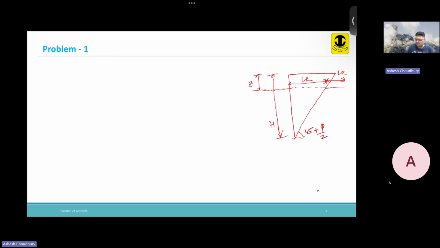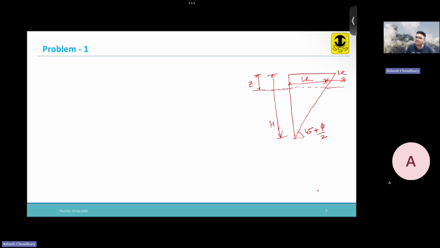So my total length of the reinforcement is LR plus my embedment length. LR I can easily find from the geometry of the diagram, because I know the angle.